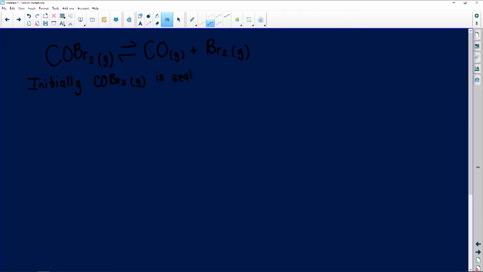Now remember, we talked about open and sealed containers and the difference between them last week, sealed in a 2 dm3 cubic decimeter. Now, with some of the questions that I've gotten today, you'll find that the volume is not converted to cubic decimeters.